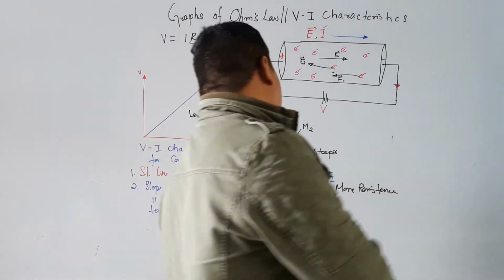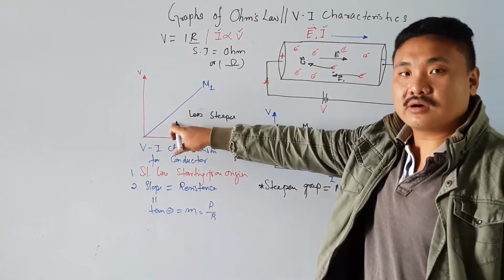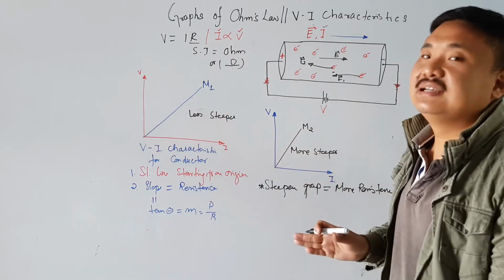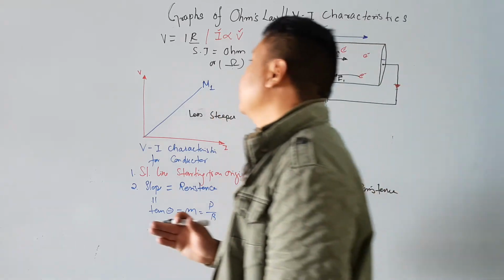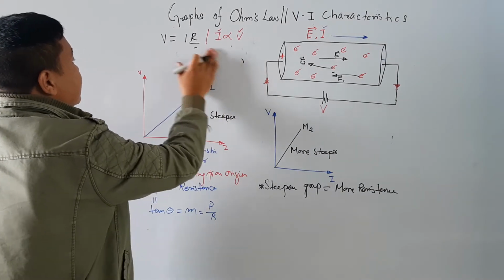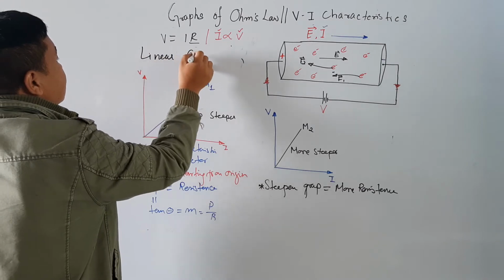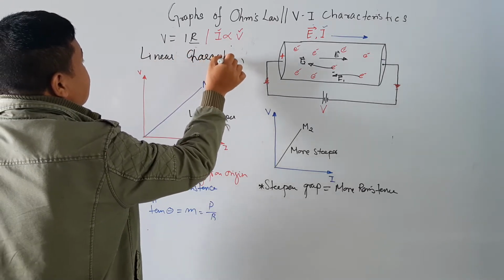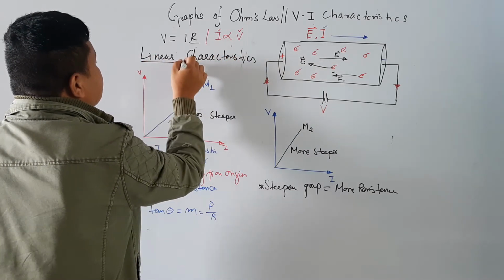So these are all my linear graphs, isn't it? This is not a curved one, this is a straight line, so this is my linear one. So here I will write linear graph, linear characteristics.